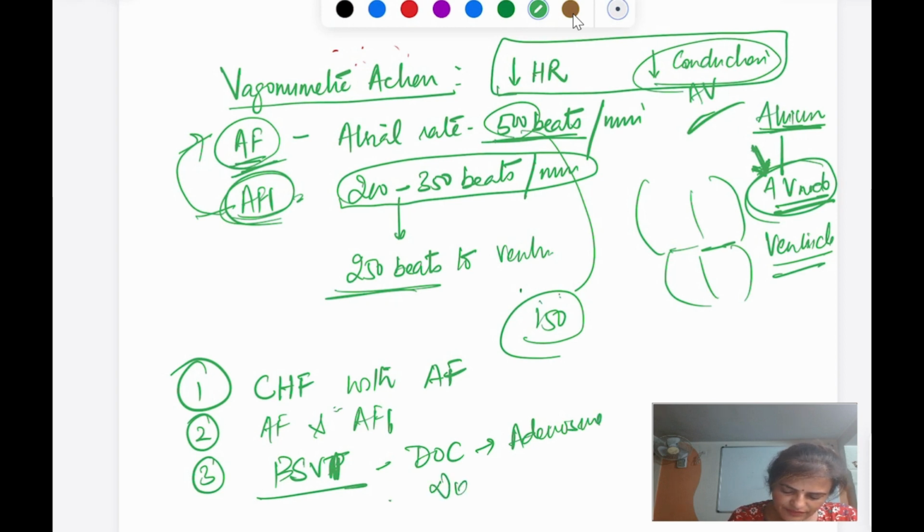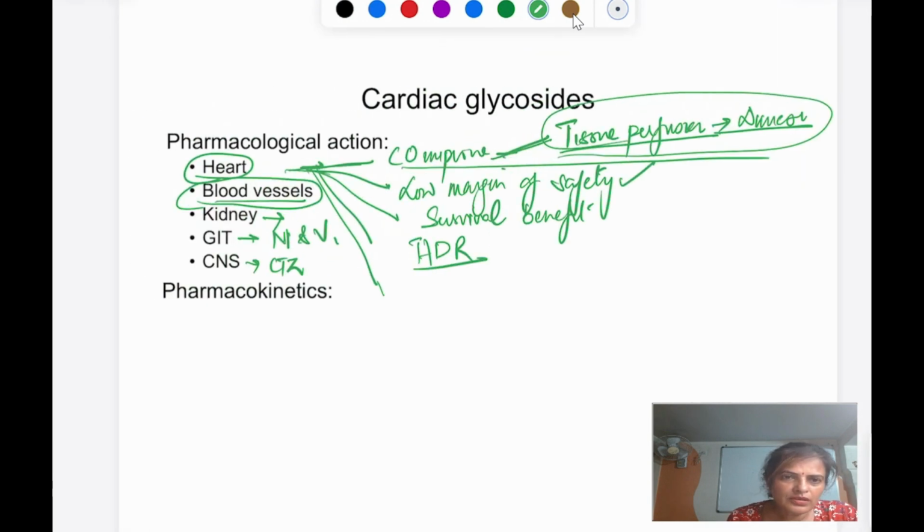Second one is, we can give verapamil or a calcium channel blocker. All these drugs which we are using for PSVT act by delaying the conduction through the AV node. So this is the action on the heart.